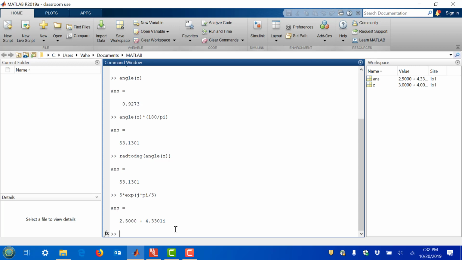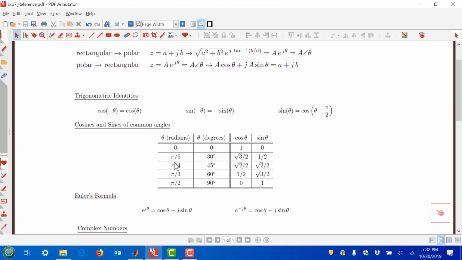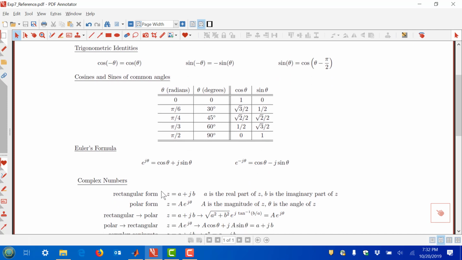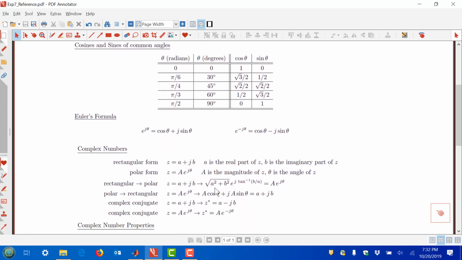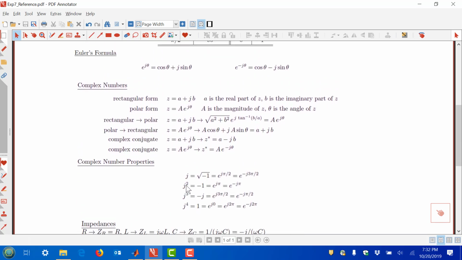On my reference sheet, I have also given you information regarding that. Here are some typical angles in radians and degrees, with their cosines and sines. Here's the Euler formula again for e to the j theta and e to the minus j theta. Also some quantities here for j squared, and some simplifications.